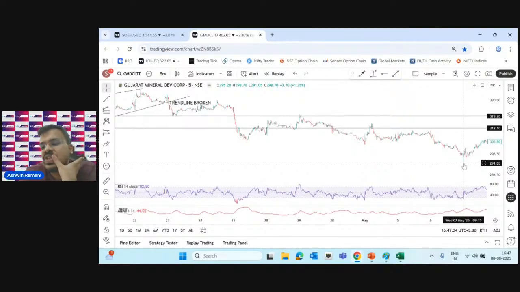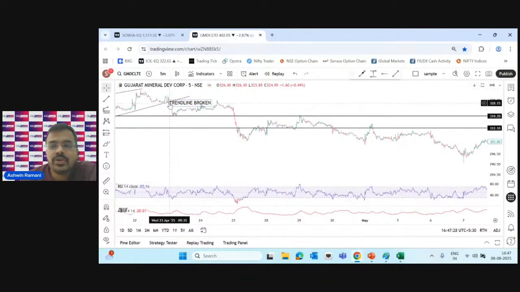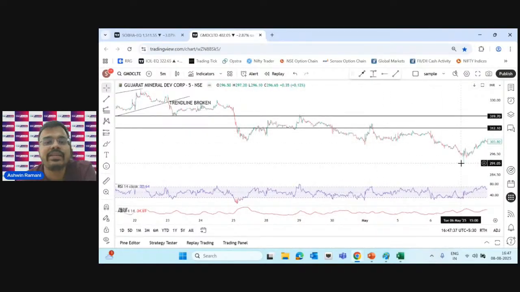I think this was even before Operation Sindoor. See this, as the trend line broke around 327, 328, the price started to fall, and we saw a bit of a reversal until 290 levels. So this is the confirmation that you should be seeing on a 5 minutes chart, guys.